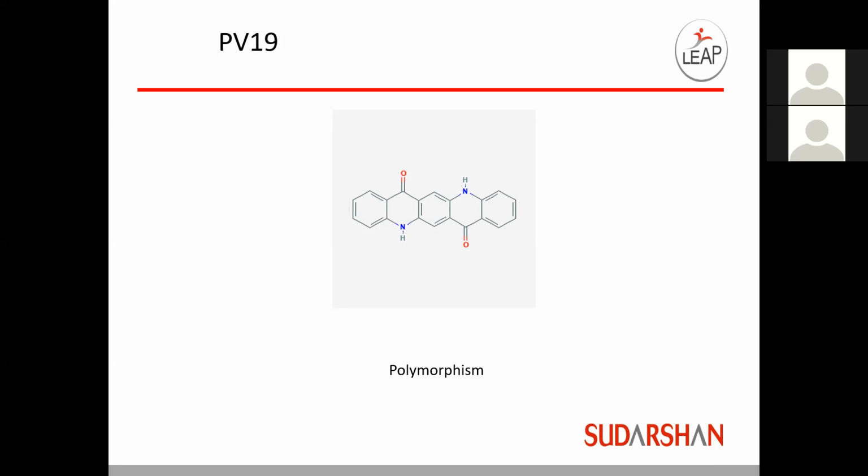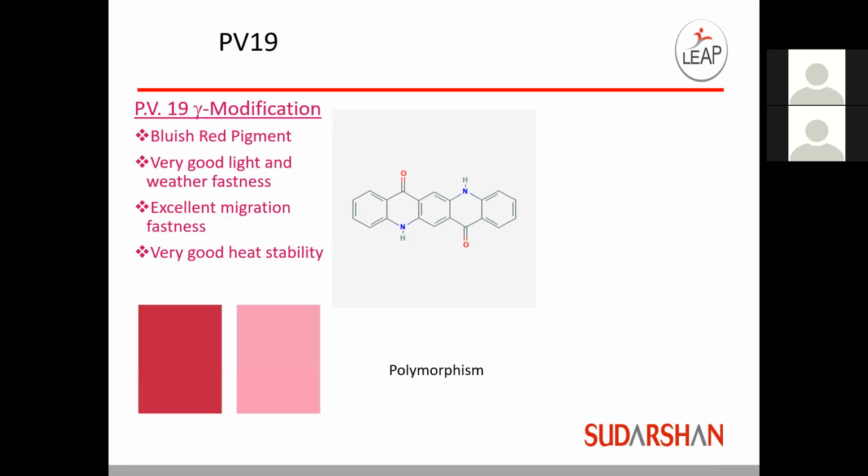So with violet 19, there are two structures: the gamma modification, which results in the more yellow shade of that one. Still carries the same technical properties and very nice shade as well, but the crystal structure of this brings it to the yellow side.